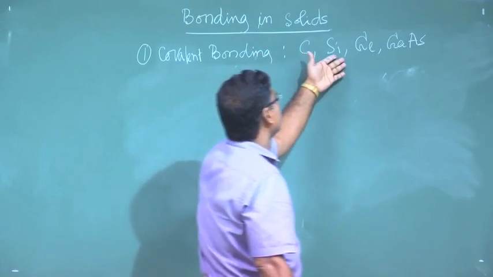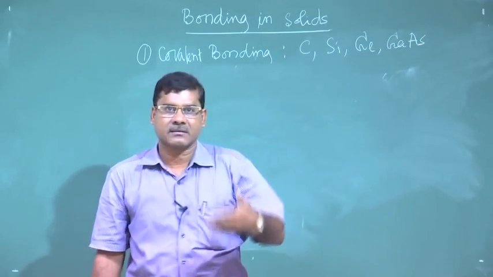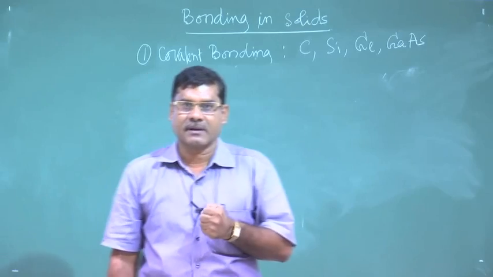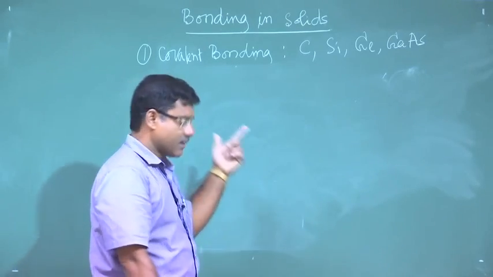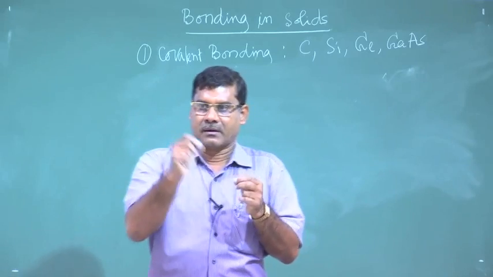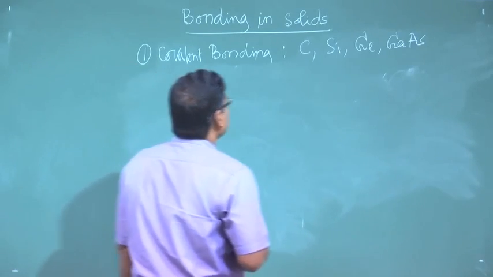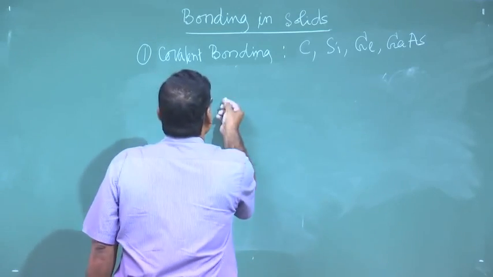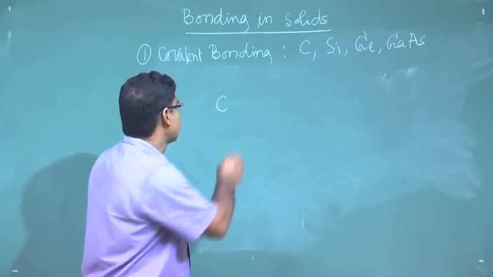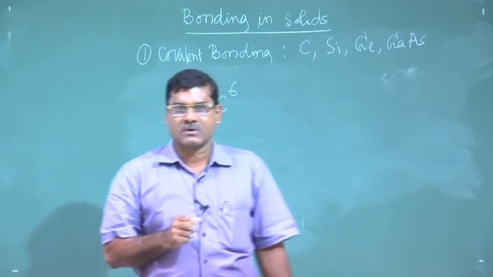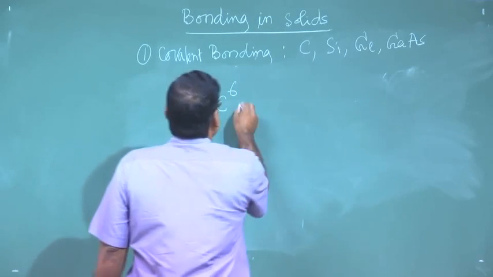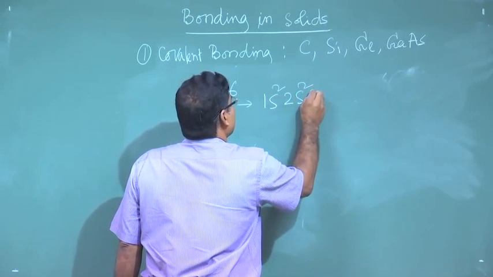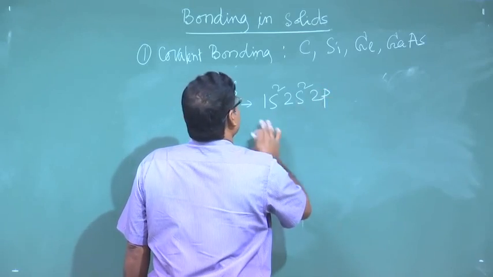Now I am telling you that carbon, silicon, germanium, gallium arsenide are crystals where covalent bonding is responsible for holding the material. So, basically we have to show that there is a sharing of electrons among the atoms. Let us say carbon, how many electrons are there? 6 electrons. The electronic configuration is 1s2, 2s2, 2p2.